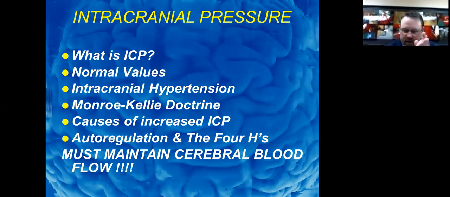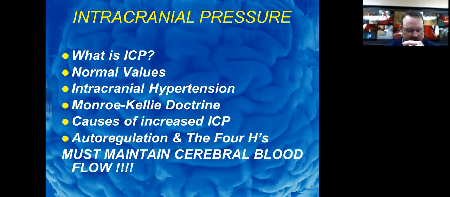Some causes of this could be anything from a mass effect, say space-occupying lesions, the drain isn't draining, obstruction or overproduction, hydrocephalus, bleeding in the brain, infections, head trauma, hypoxic or ischemic events.